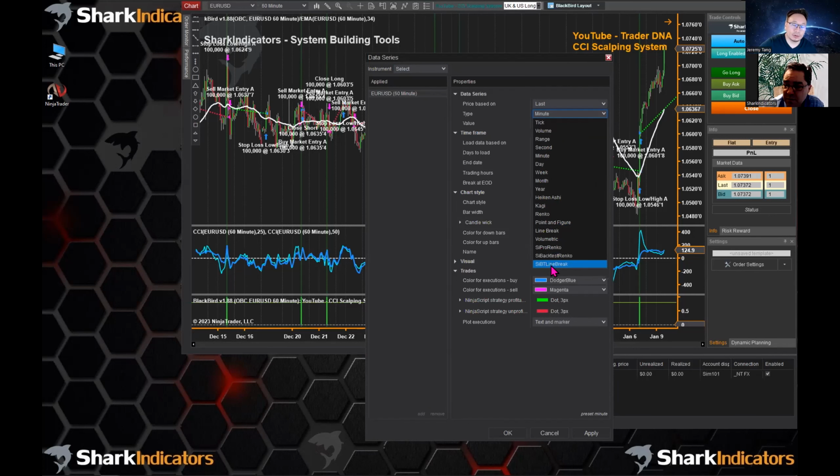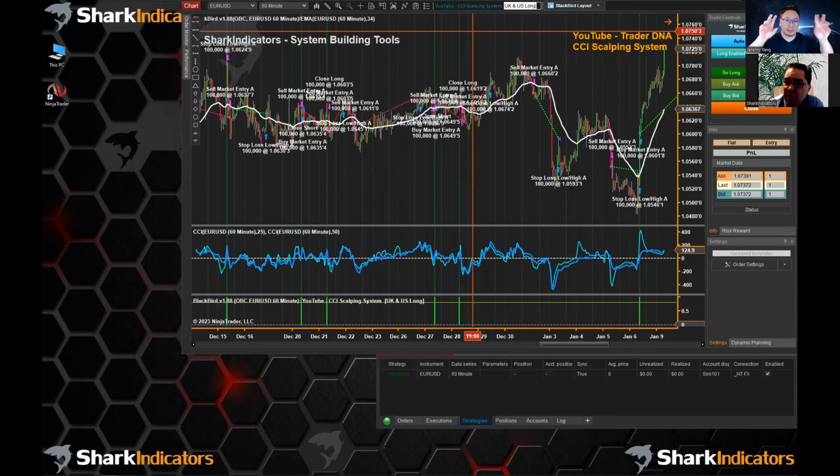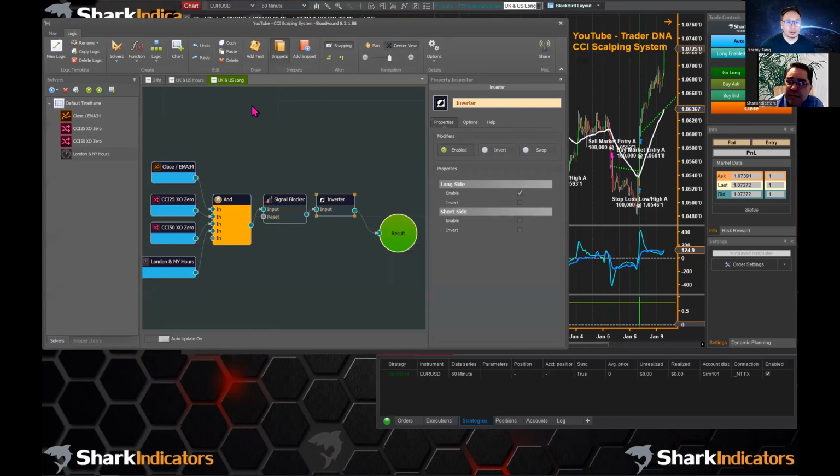Not only that, you can use multiple timeframes inside of Bloodhound. If you want to look at two different charts at the same time with two different indicators, and you want to combine the logic for those two, you can do that as well. There's an add chart button like that.